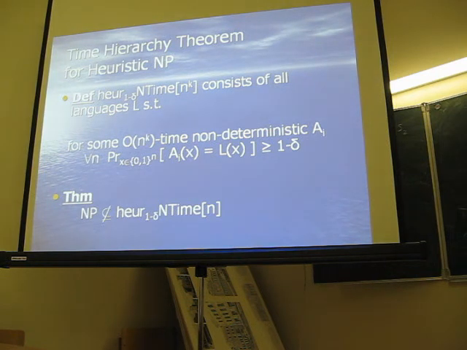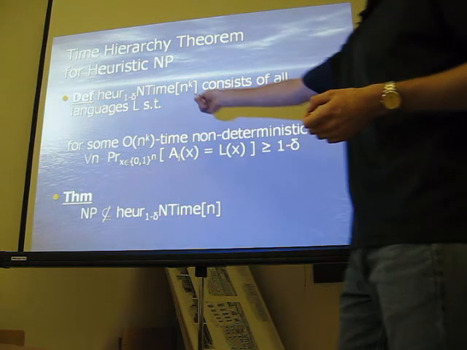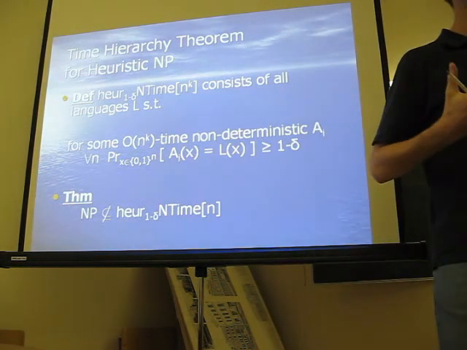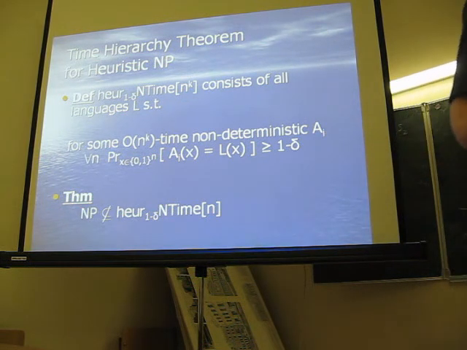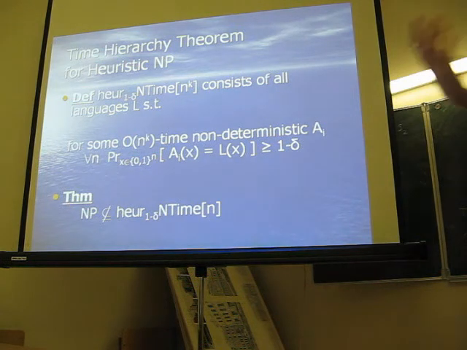So what this definition says is that L belongs to this class if there is a language in NP that significantly agrees with it. We'll just try to digest the definition. If there are any questions, just feel free to ask.